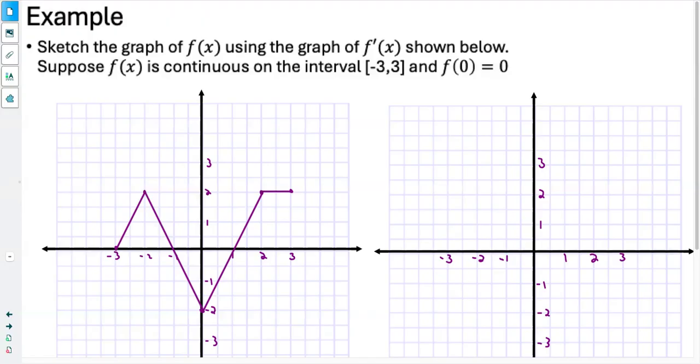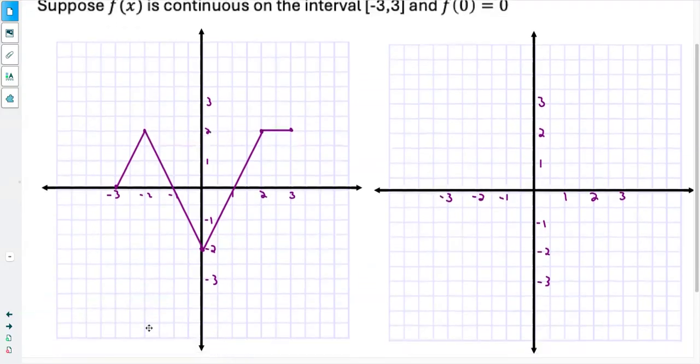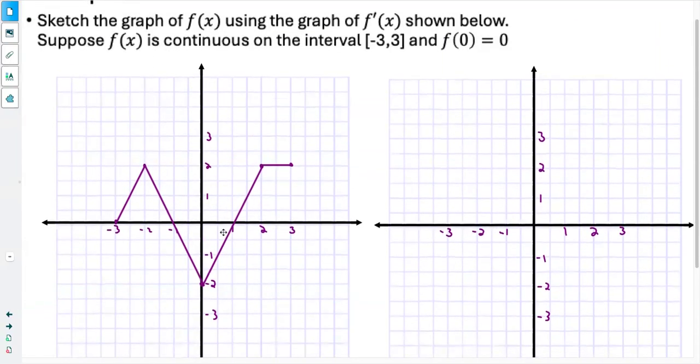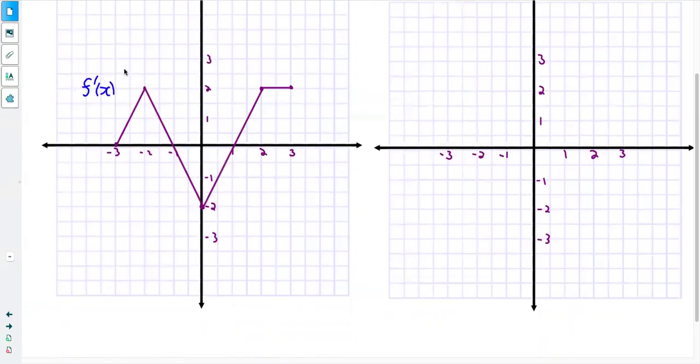So the first thing I would do is split this up into its different segments. I'm going to split up each location where our graph, which we've always said is f prime of x, changes slope or crosses the x-axis. We'll start at our starting point.